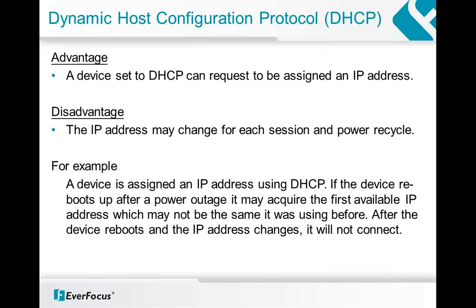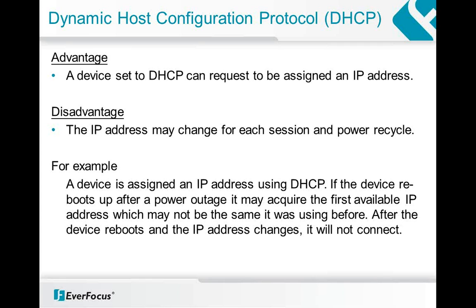So initially, when you're installing the system, it may be easier to use DHCP. However, if there is a power outage for some reason and the power restores, you may lose that IP address, meaning that you won't be able to connect to the camera.